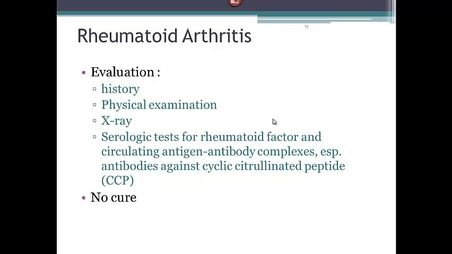And there's no cure. But if you remember, the treatment for this disease is supportive measures with nutrition, rest, analgesics, disease-modifying drugs, NSAIDs, and it could include opioids.